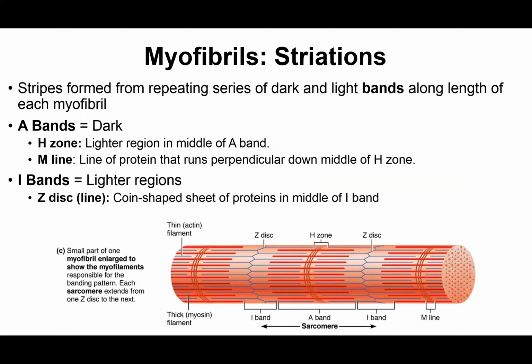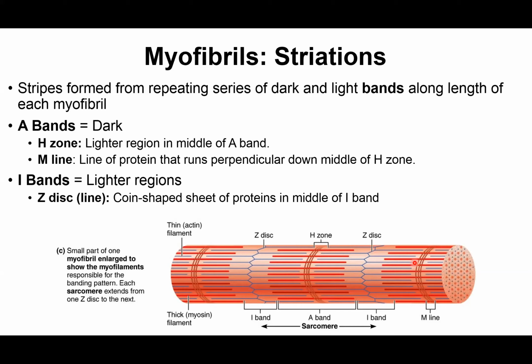All right, striations. Striations sounds like the word stripes, and that's because this literally means stripes that are formed by repeating series of dark bands and light bands along the length of each myofibril. So this is representing a myofibril.